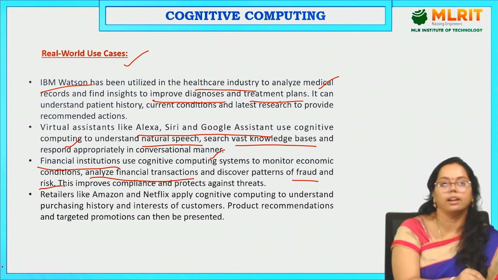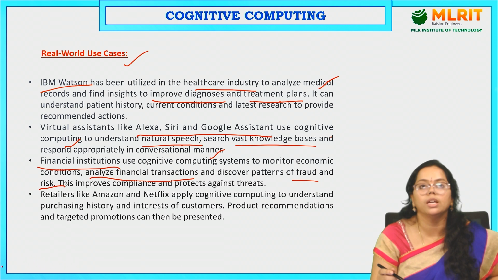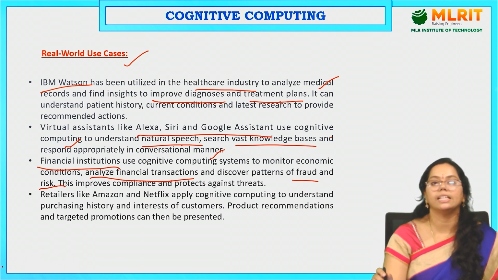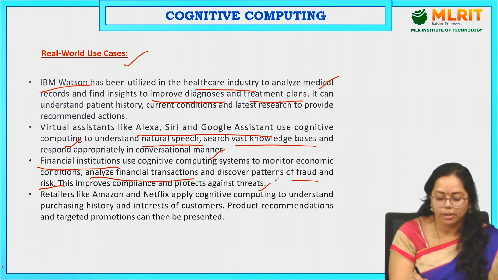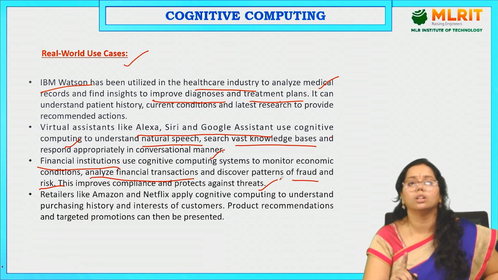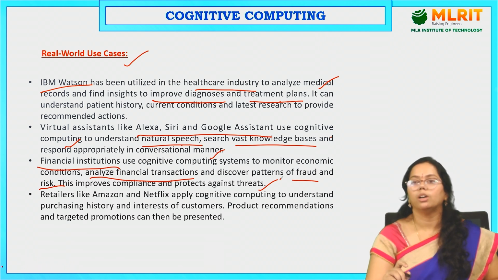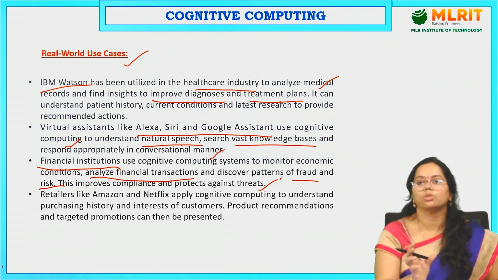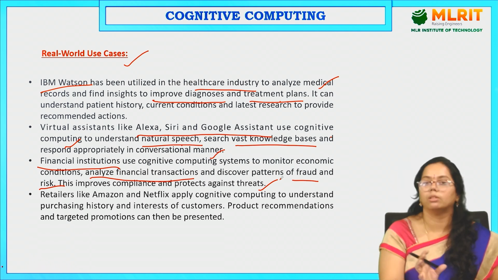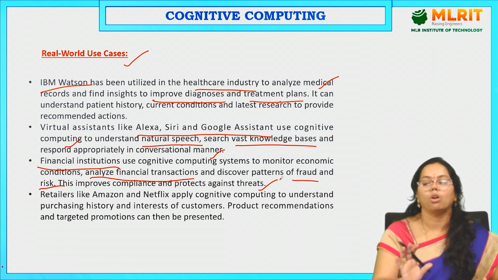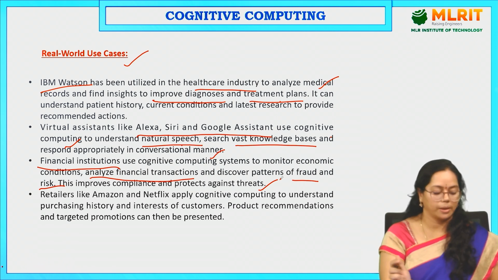Fraud and risk, which improves compliance and protects against threats. When we are talking about financial institutions, it will give a threat prior, so that we are not into losses, we are not into high risks.